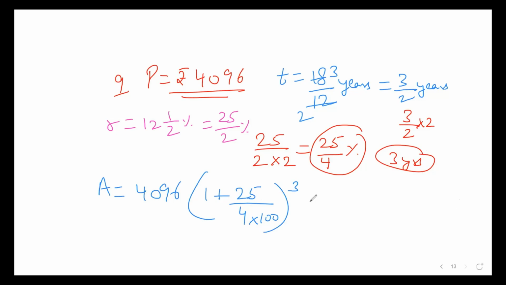Now let's move ahead to question number 10. Okay, in question number 10, what it is saying, the population of a place increased to. Focus on this word, increased to. It means they are giving the value like the amount value because it is increased. They are giving the amount after the increase. It's not a principal.